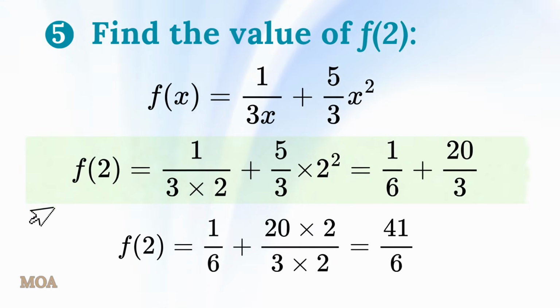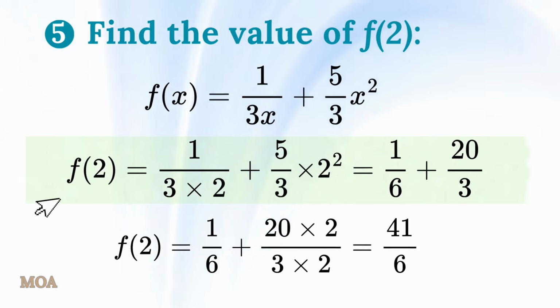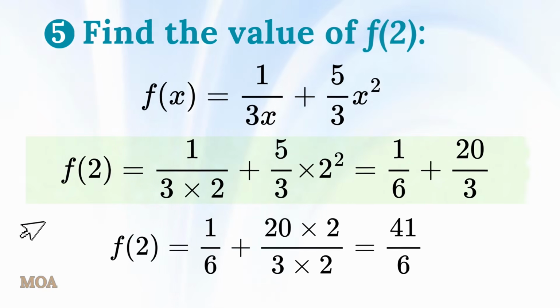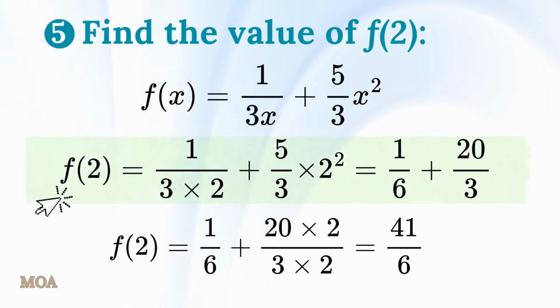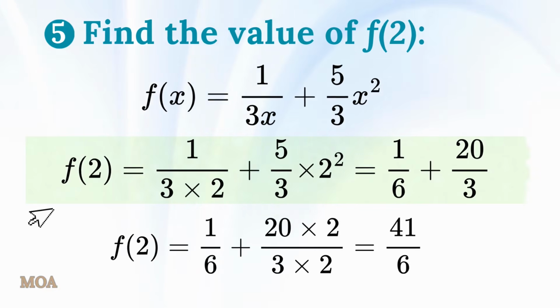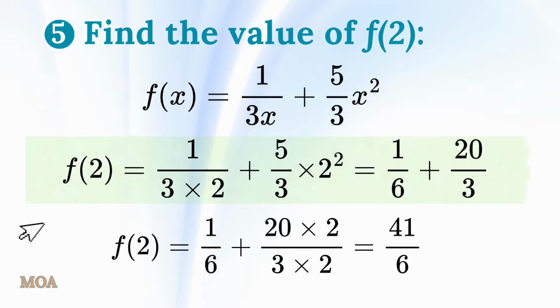As we found the expression of the function f of x, let us determine the exact value of f of 2 by replacing x with 2 in the expression of this function f of x.